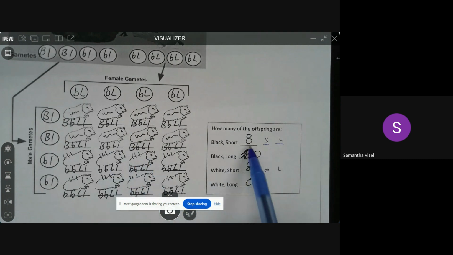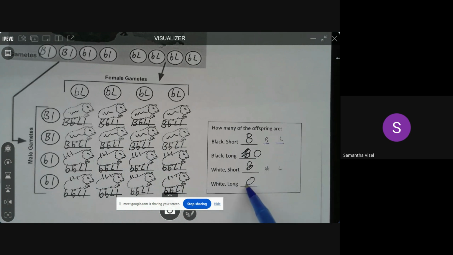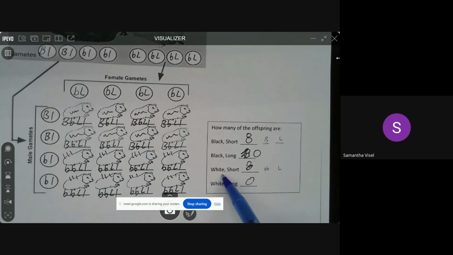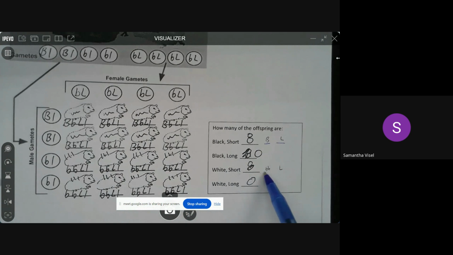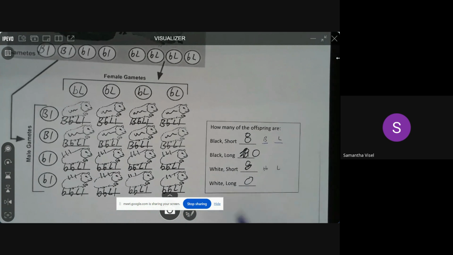So we have 8 guinea pigs that are going to be black and short. So these 2 rows here. And then down here, I have guinea pigs that are going to be white and short. So 2 lowercase b's for white, and then an uppercase L for short. So all these 2 rows here are white and short.